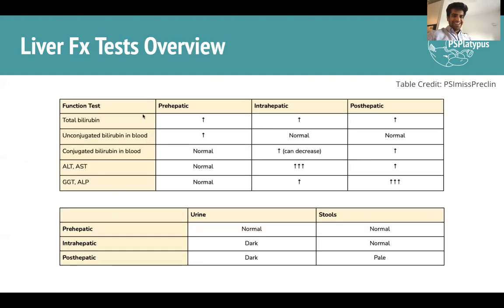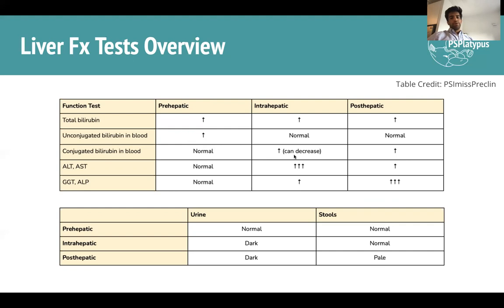Okay, this is your final summary table with regards to jaundice: prehepatic, intrahepatic, posthepatic. Let's talk through this real quick. Obviously, bilirubin is increased in all of them because they're presenting with jaundice. The only time unconjugated bilirubin is increased is in prehepatic, because it's not being conjugated in the liver. It can also be increased in late stage intrahepatic jaundice.